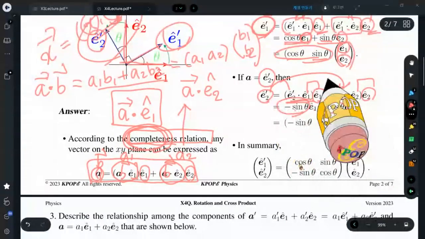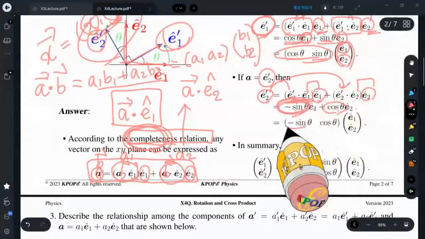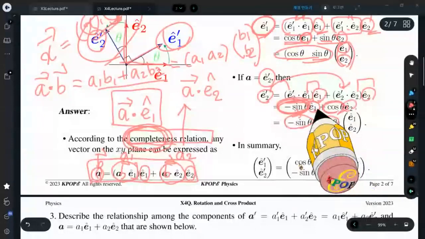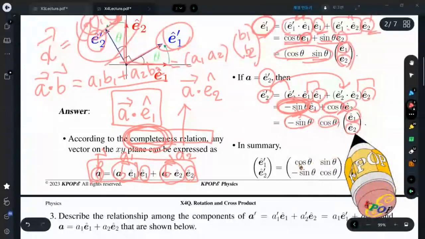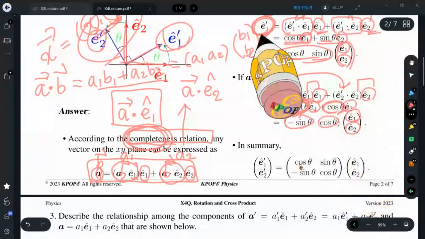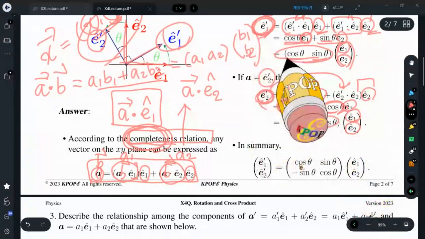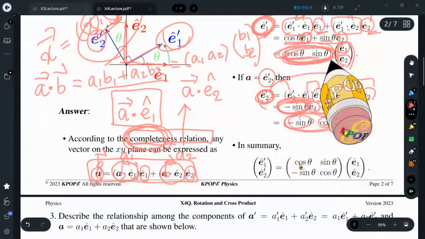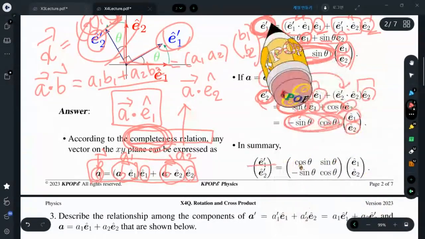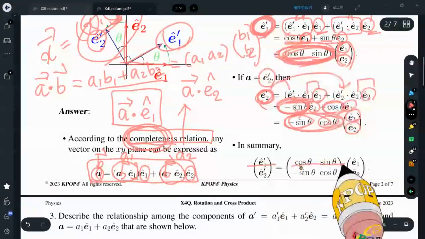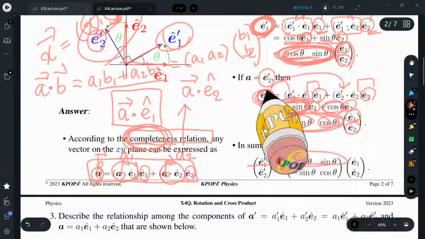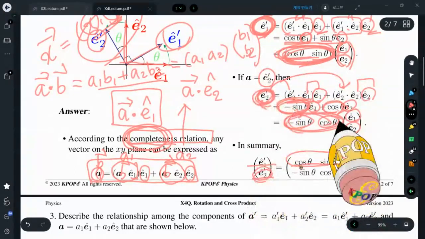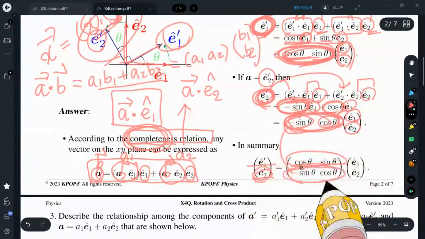Again, write down the coefficients in order, cosine, and why don't you stand up as a column vector E1, E2. As a result, I have this guy and this guy. Why don't you copy this order by order? First one, first column, and this first row. E2, second column, second row, and this copy as a second row.